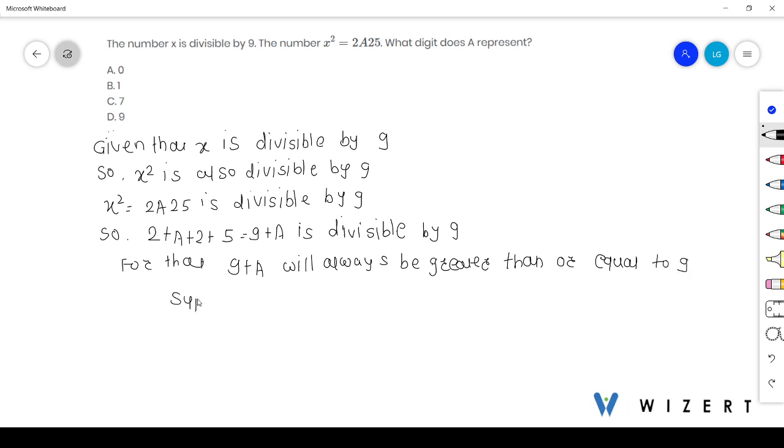Suppose 9 plus a equals 9. So, this implies a equals 0.